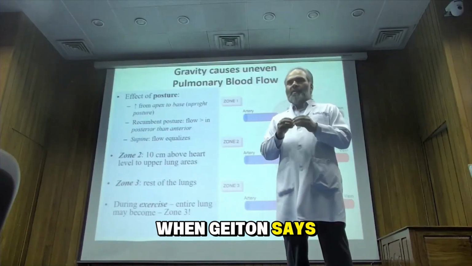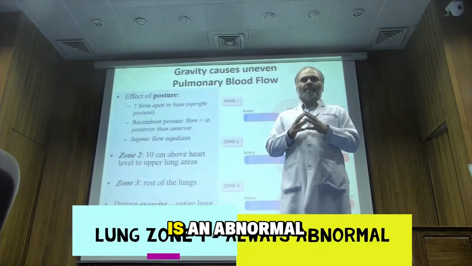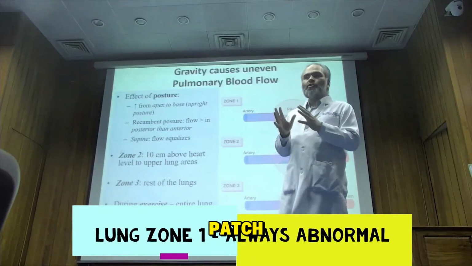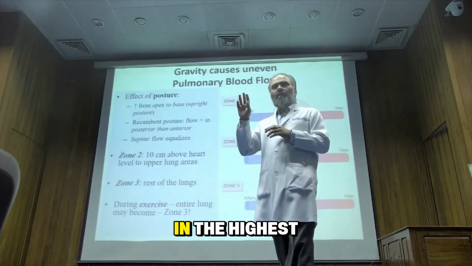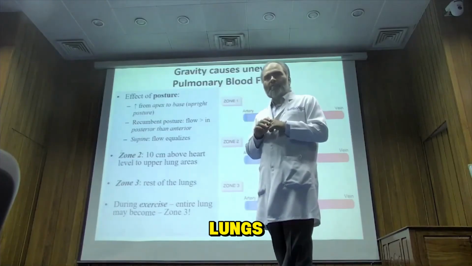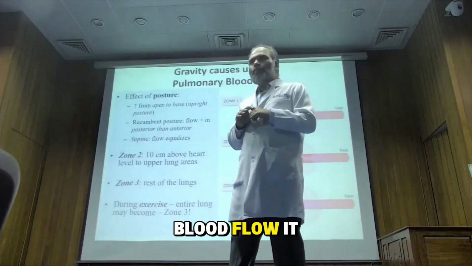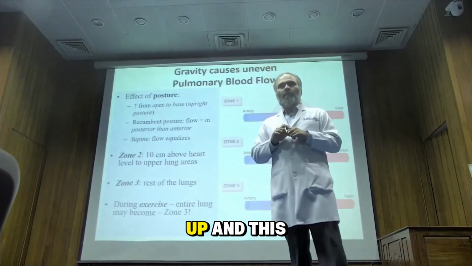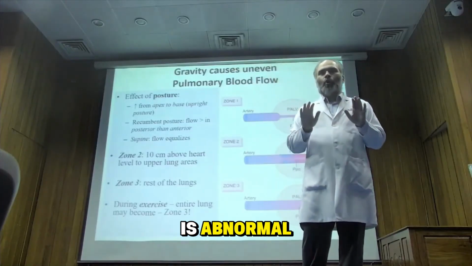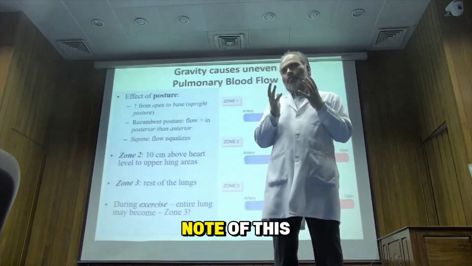When Guyton says lung zone 1, what he means is an abnormal patch of lung tissue in the highest area of the lungs, which almost does not receive blood flow. It only receives air. It's very high up, and this is abnormal. Please make a very strong mental note of this.